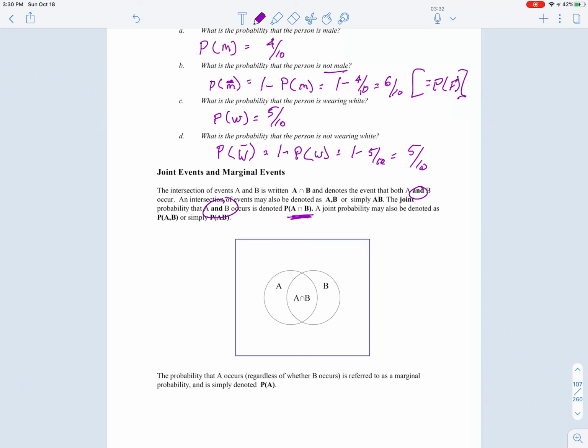Now, if you think of this as being a gym floor again, and let's say this is whether you wear glasses or not, and then this is maybe some other event, let's say that the person is female.